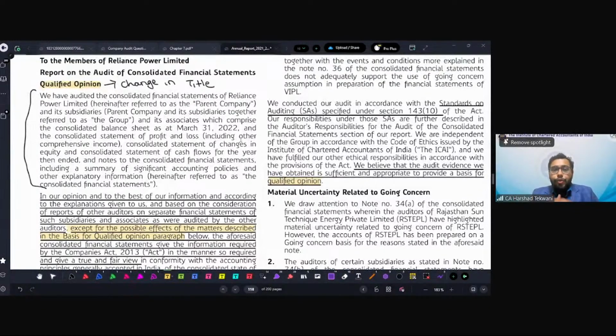Because till the time you read the audit report, you will not understand what is written. Then after that, go to the study material, again go to the requirements of SA 700, and for the next lecture, please read SA 705, 706.